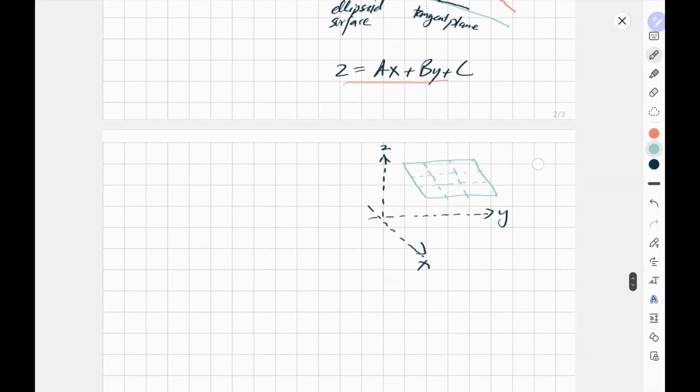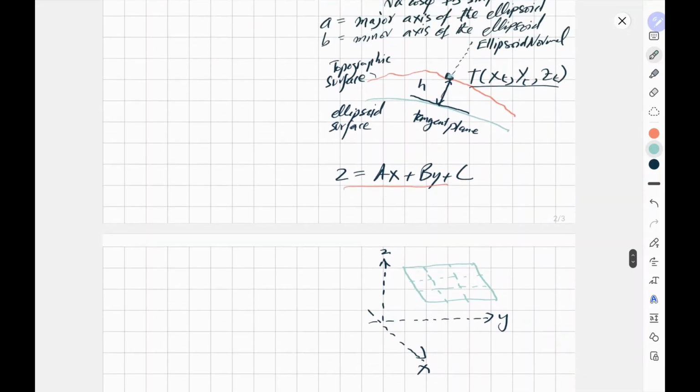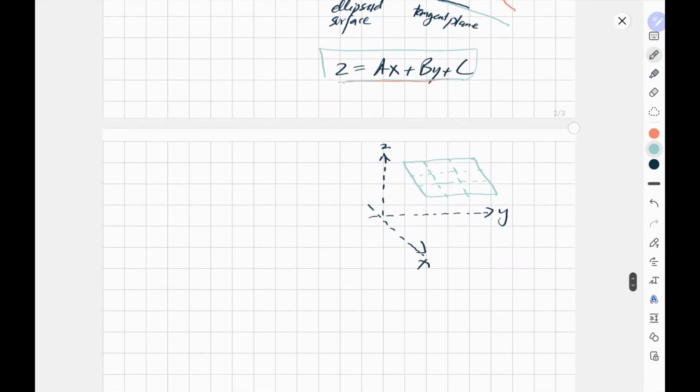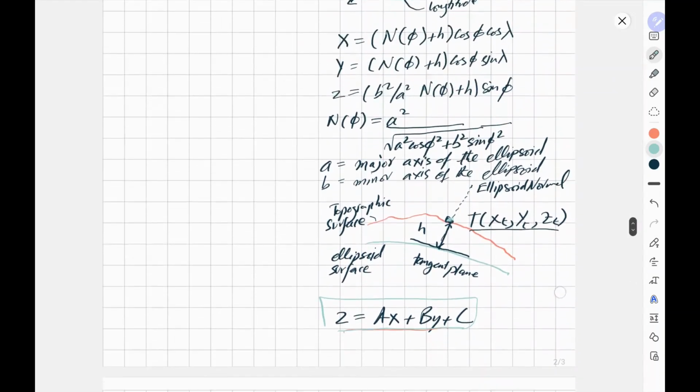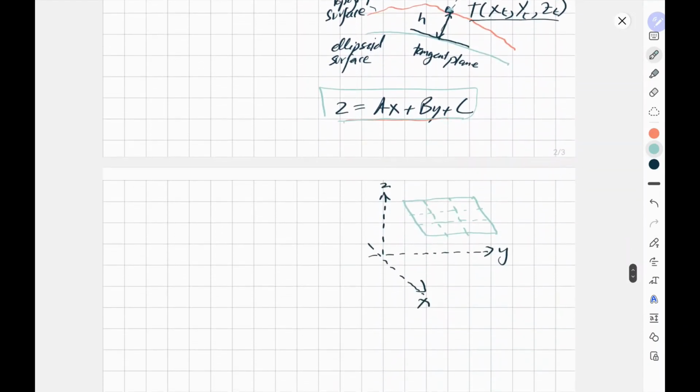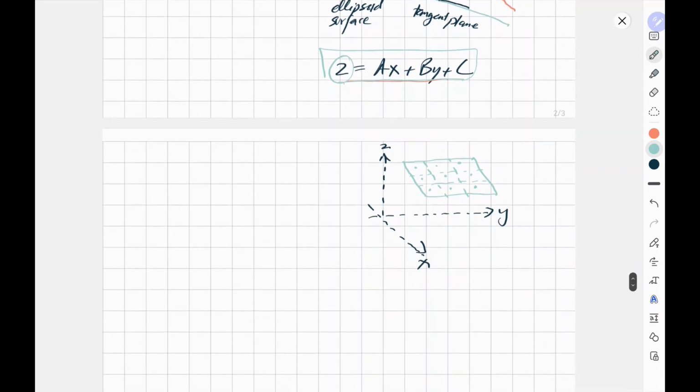Once you bring this surface at top of this point, which is represented by this equation, there will be difference of z value in each cell. Each cell will have its own z value, and each cell will also have a z value computed from this equation. Okay, so I will draw that.